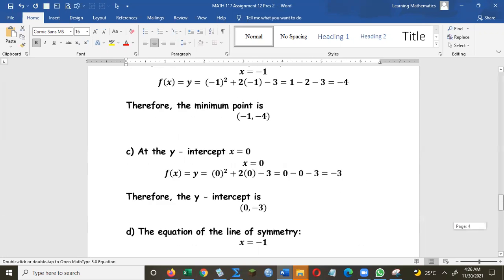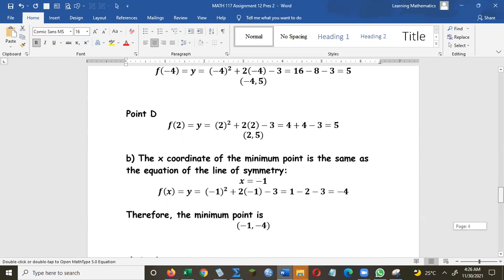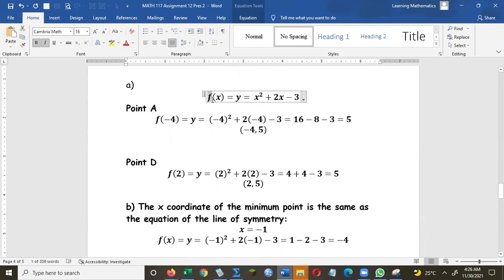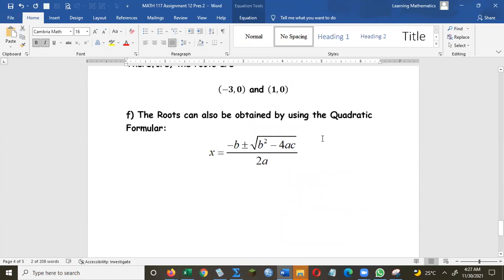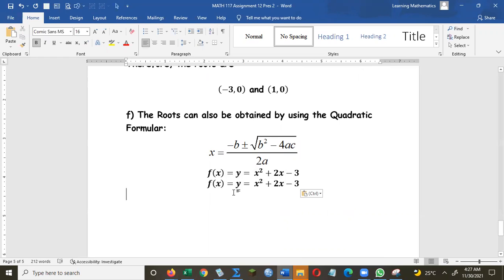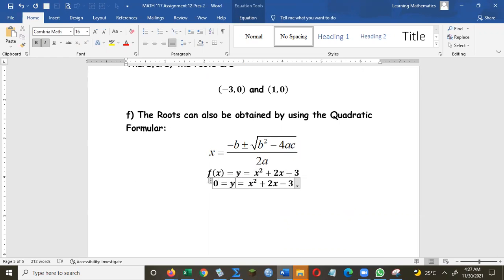So first of all, we have to go to the function itself, the quadratic equation. Here it is. We all know at the roots, f of x is equal to 0, meaning y equals 0.